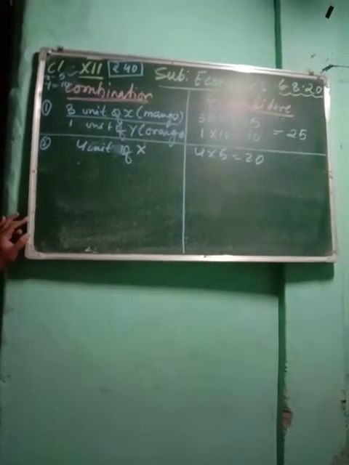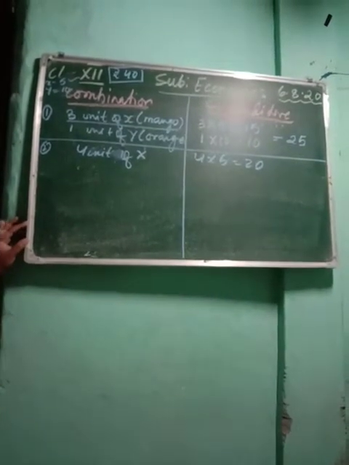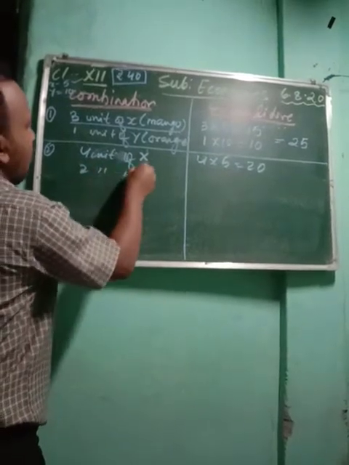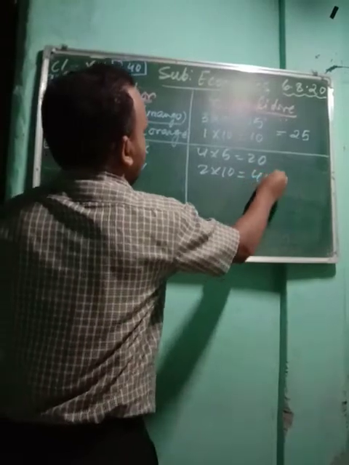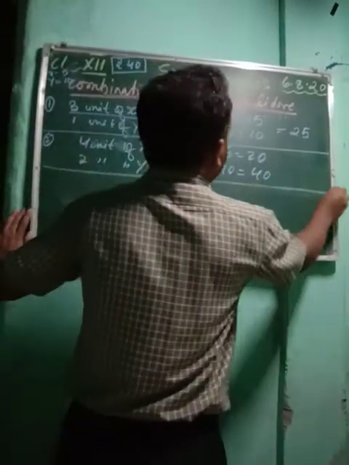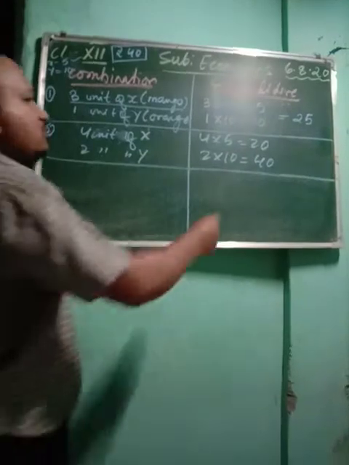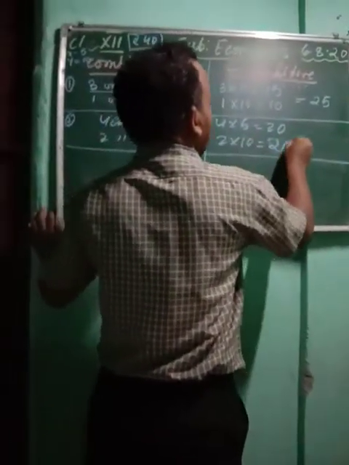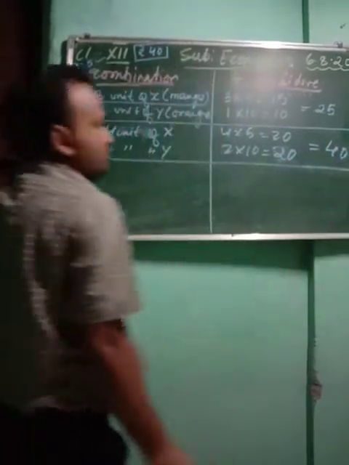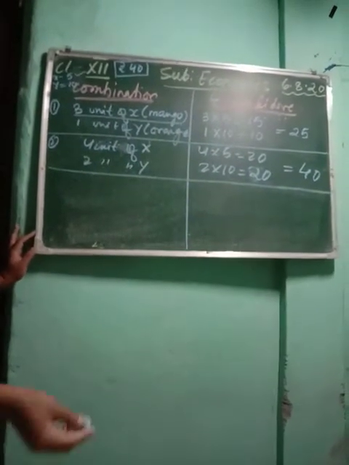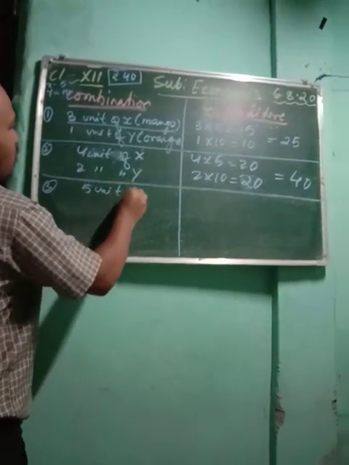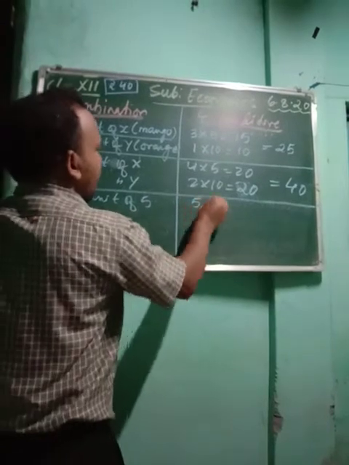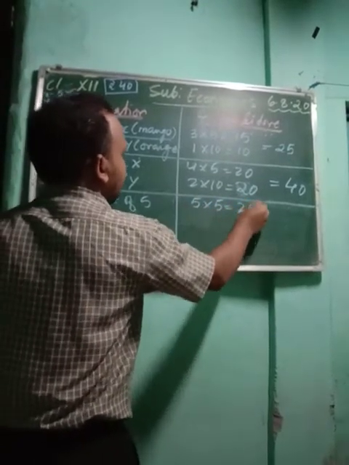And suppose he is buying 2 units of Y, that is oranges, so 2 into 10 is 20. So the total comes to 40. Now for the third, suppose he is buying 5 units of X, so 5 into 5 is 25.